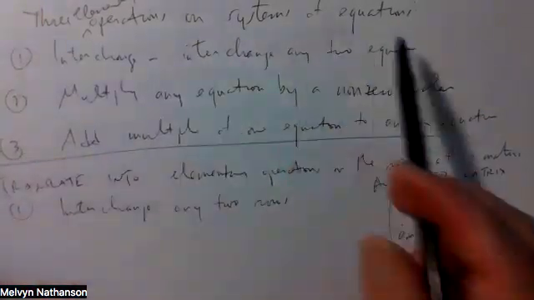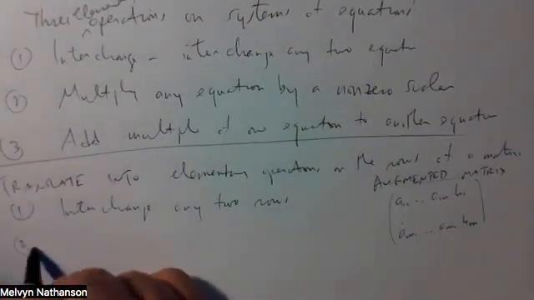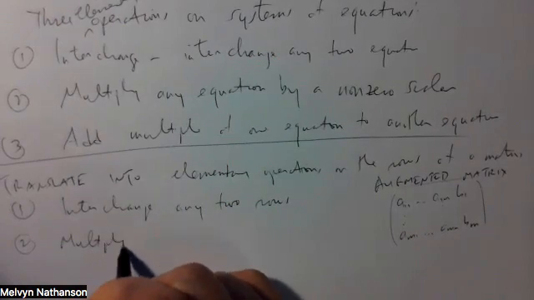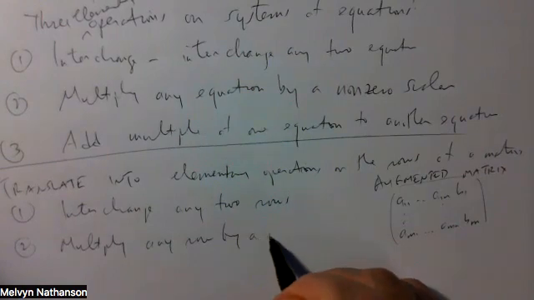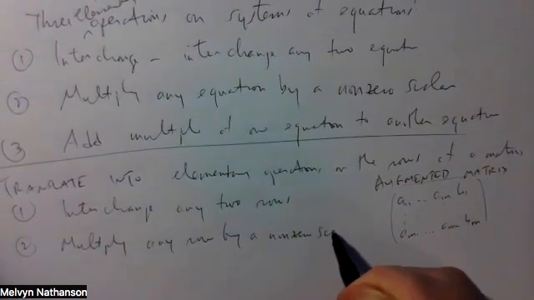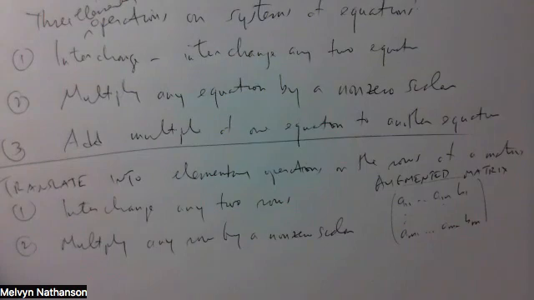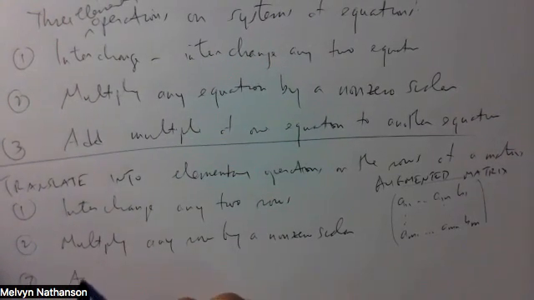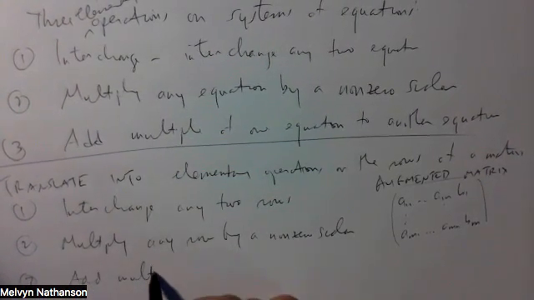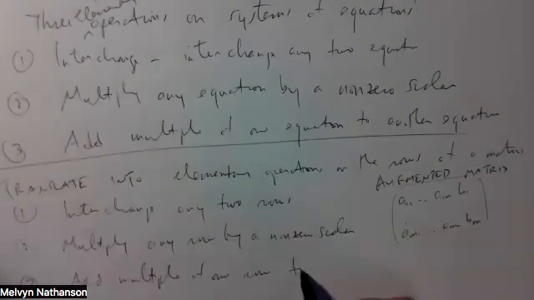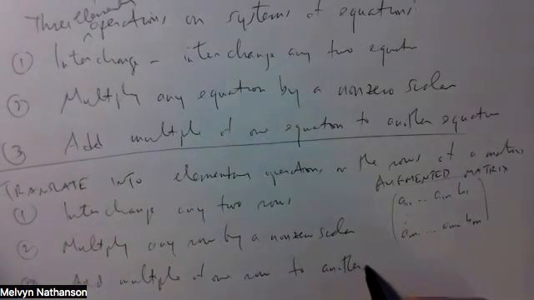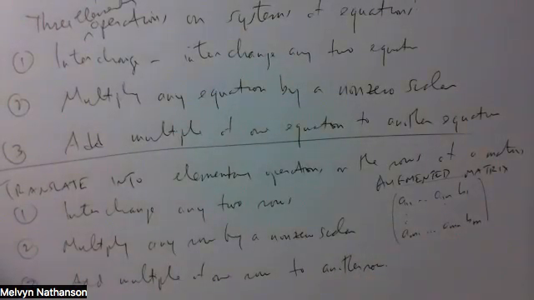Multiplying an equation by a scalar is the same as multiplying any row of the matrix by a non-zero scalar. And adding a multiple of one equation to another corresponds exactly to adding some scalar multiple of one row to another row.